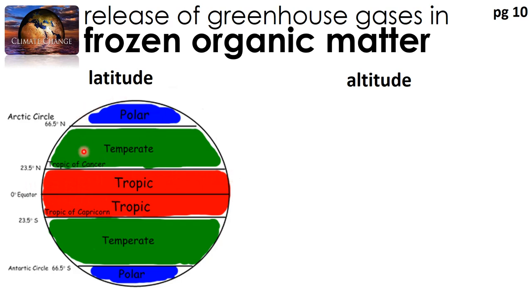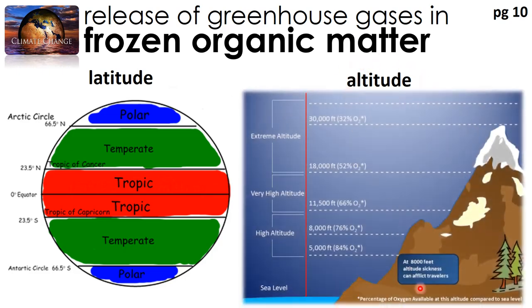I will let you know later that most permafrost is found in our northern latitudes. Please do not mix this up with altitude. Altitude is the height of an object or a point in relation to the sea level. So please do not confuse latitude with altitude.